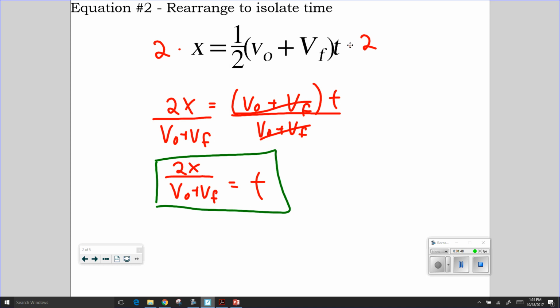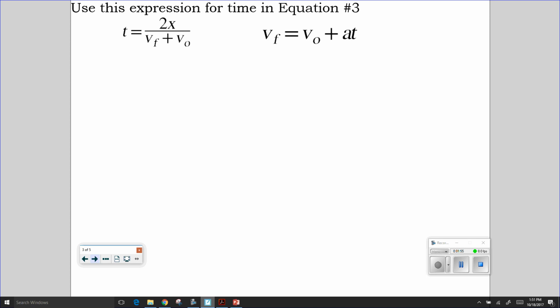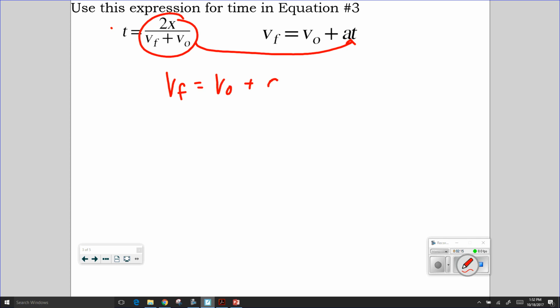Now let's take this new expression for time and plug it in to your third equation of motion. So up here, notice I have my rearranged second equation. I'm going to take this expression and shove it in for time. And when I do that, I'm going to be left with vf equals v0 plus a times 2x over (vf plus v0).